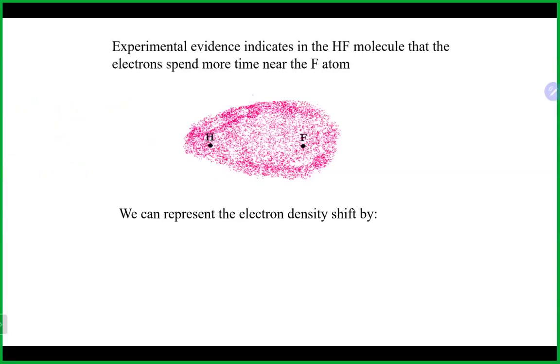So here's the same idea. By the way, that arrow, as I mentioned before, is sometimes referred to as a dipole arrow. And dipole, as we'll talk about later, basically means something that is not sharing electrons equally. Yeah.